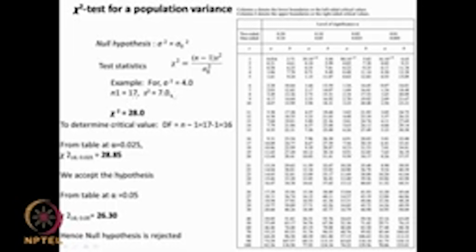So, it will be 16 into 7 divided by 4, where 16 is used because the number of data points is 17, and 4 is your sigma.